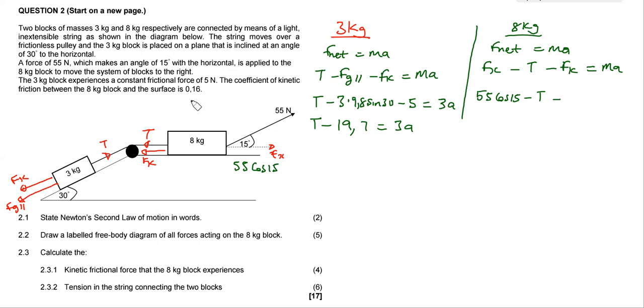Do we have Fk? We have found it. It's going to be 10.27. But now let's just check here what we have. It was 10.2666. So we're just going to use 10.2666 just to be safe. It's going to be equal to our 8A. Now, what are we going to find here?